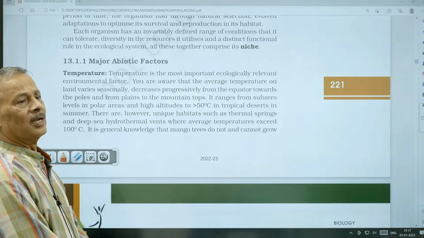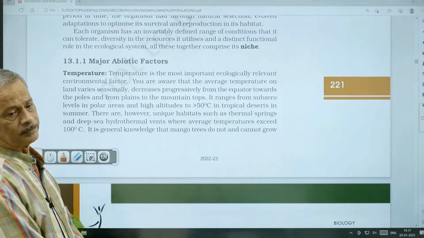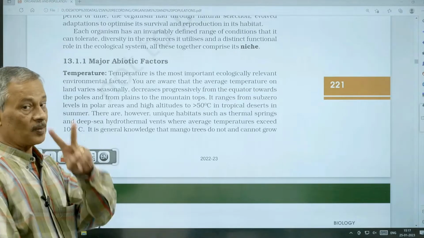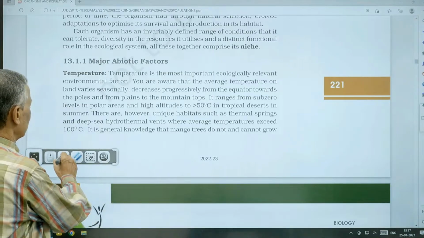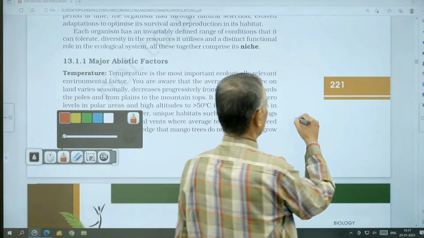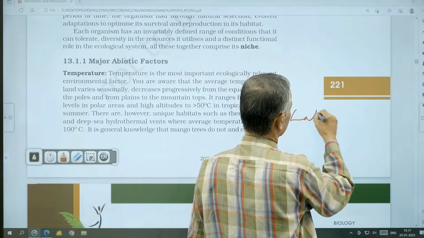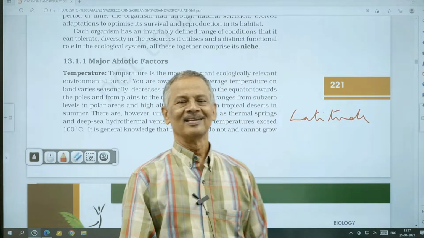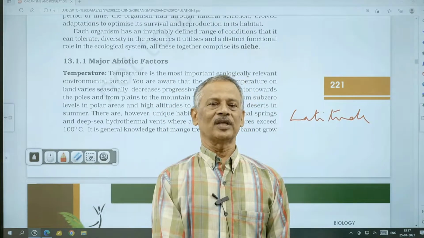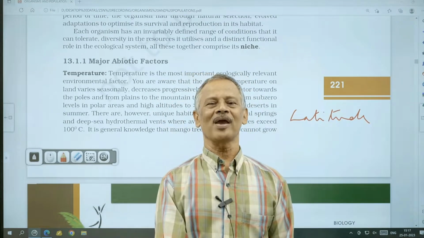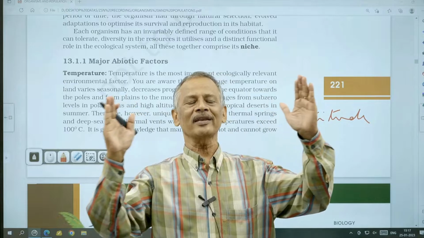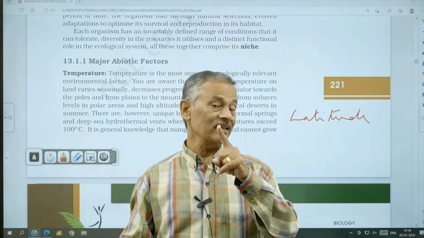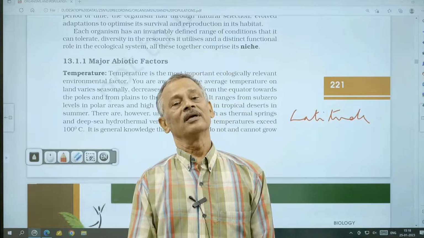The availability of heat, that is, the temperature of an area, depends upon two factors. What are they? One, latitude. At 0 degree latitude, that is at the equator, temperature will be maximum, and as we go to higher and higher latitudes, temperature decreases. So the latitude determines the temperature.